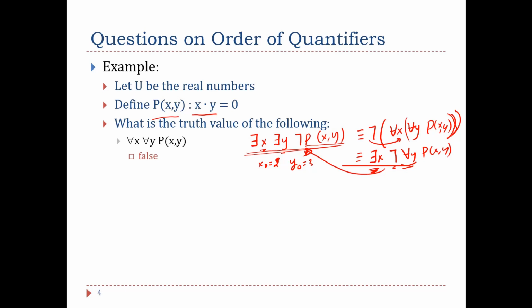Good. What about this format? If you pick any x, you can find a y such that p of x and y is equal to 0. What do you think about it? Can't you find that particular y? I have just discussed this in the previous slide. So this is true because no matter what you pick as a value for x, you can find a particular y0 equal to 0 such that the product of x and y0 holds.